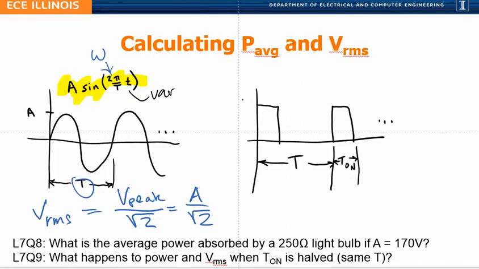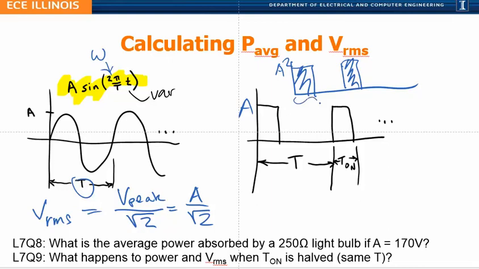Now if you had a voltage waveform that looked like a square wave, and you used the procedure and plotted the square of the voltage waveform, you would get A squared.